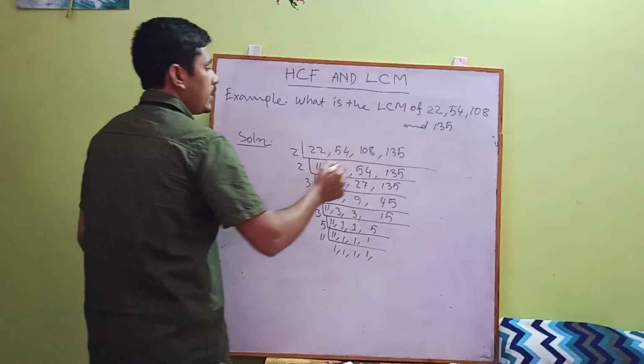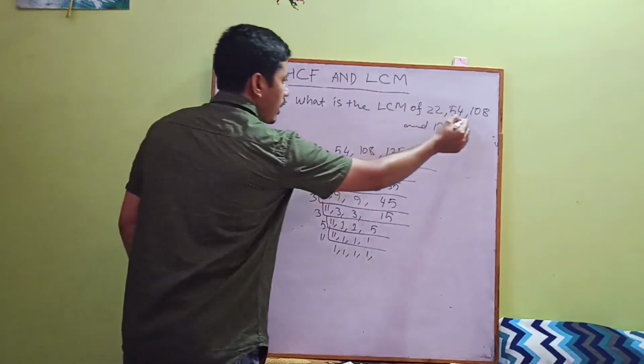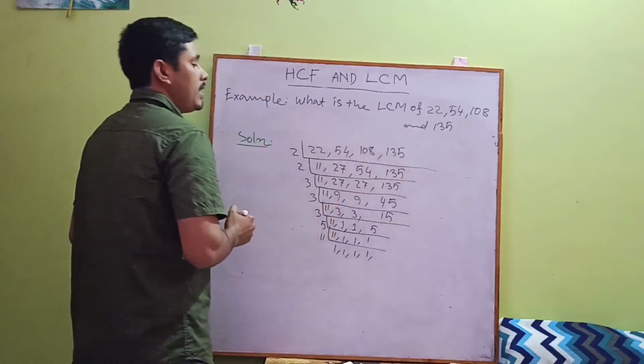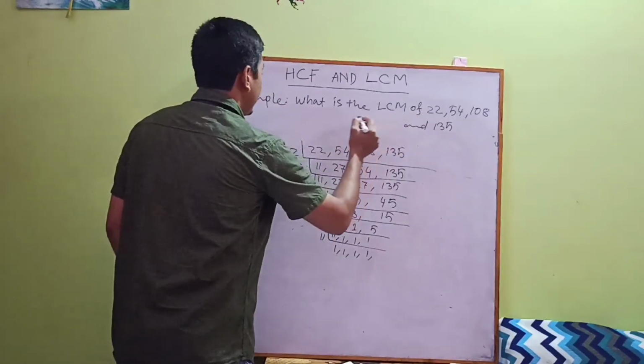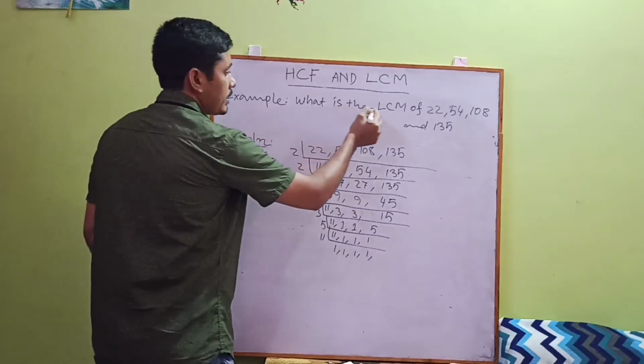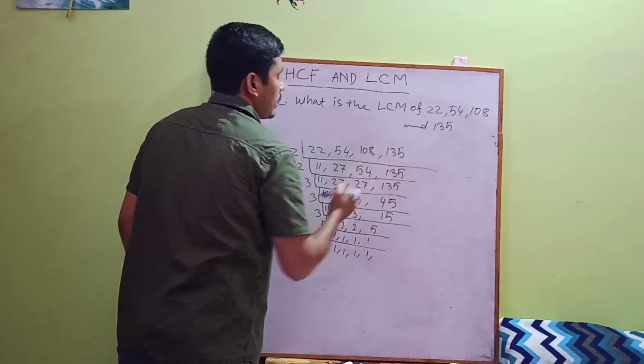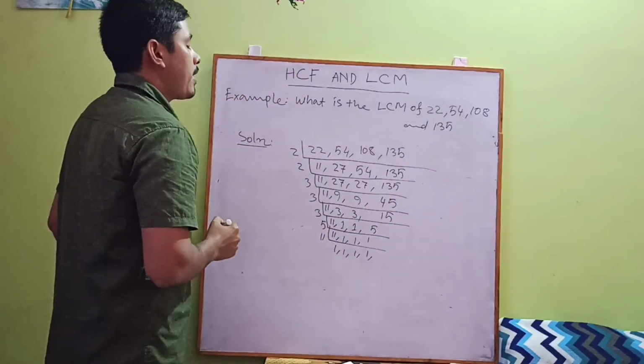First we need to write all the given numbers in order, in any order. In the example given: what is the LCM of 22, 54, 108 and 135?